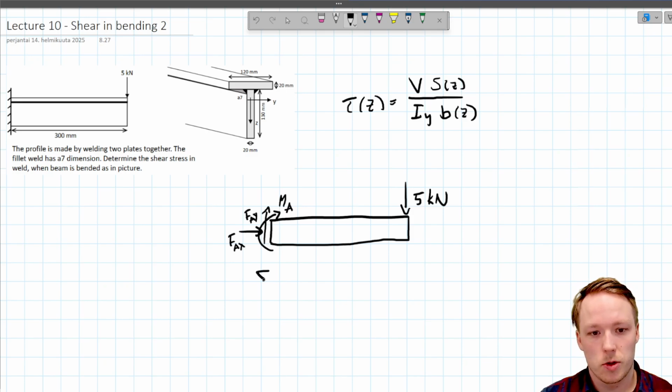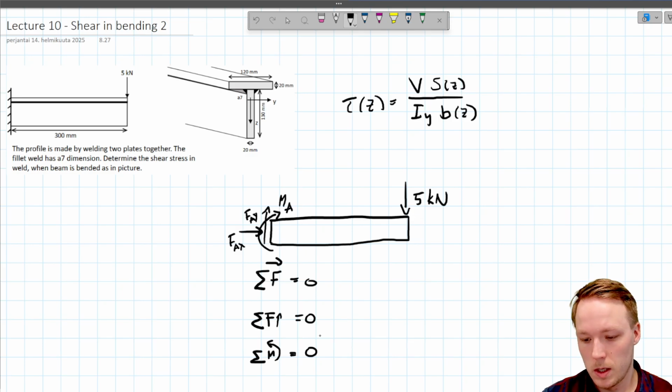First step, just like always, is to calculate the equilibrium equations. Like this. Well, we have only one horizontal force, which is the support reaction at the left hand side, and that is 0.